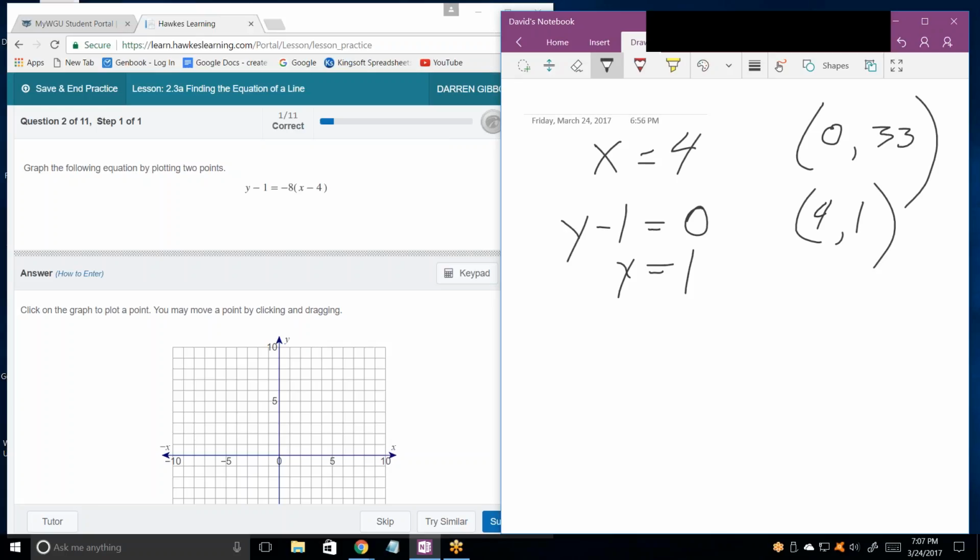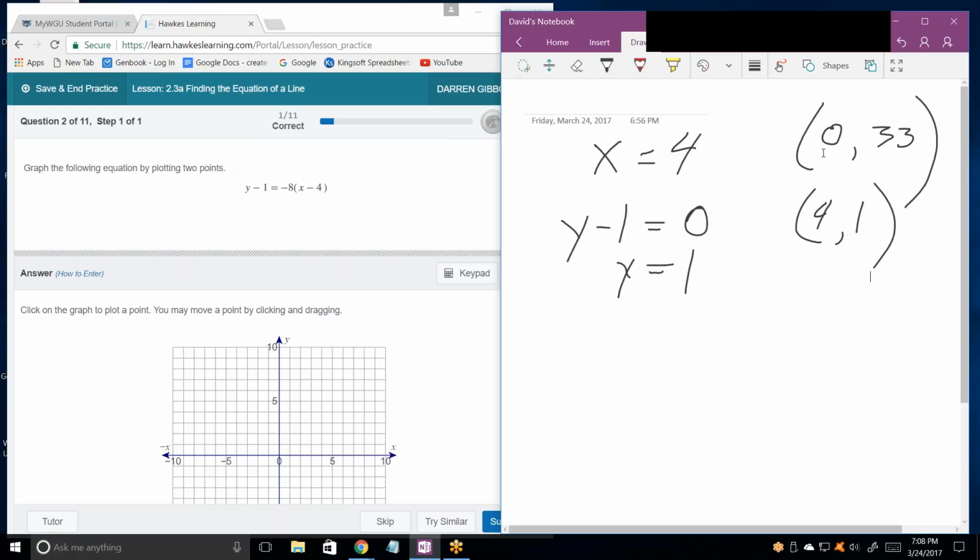So I didn't really need to solve this equation for y. I didn't need to put it into any particular format. All I needed to do is make up a value for x and figure out what y was, and then make up another value for x and figure out what y is at that second value. Okay. Now I notice a problem here.